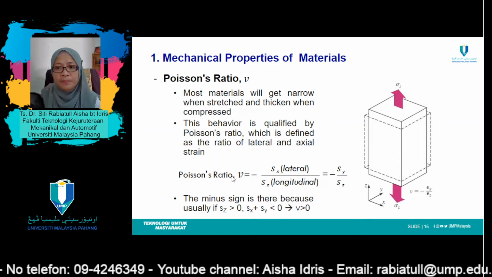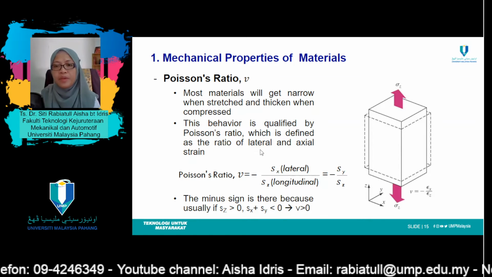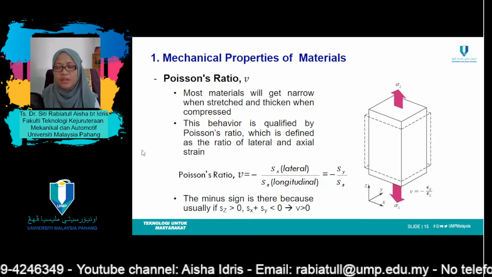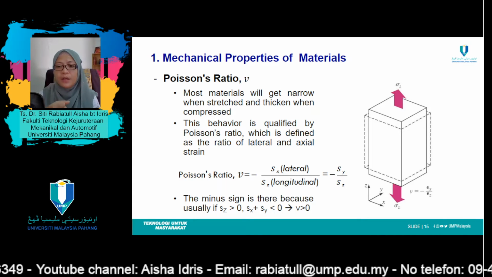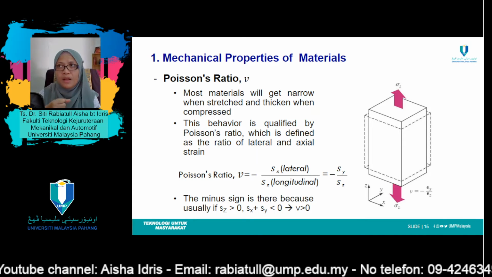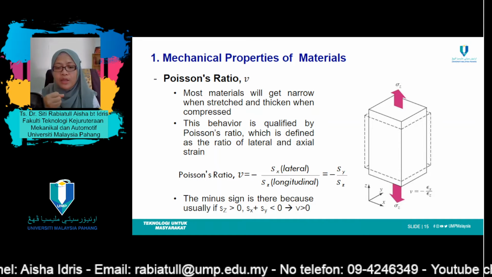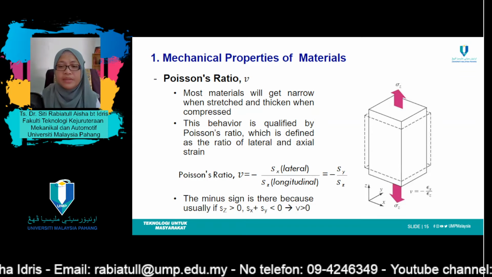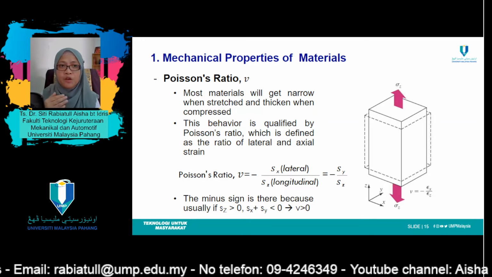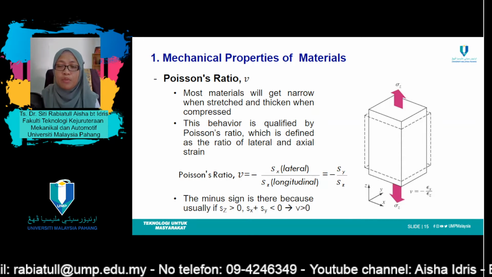If I take an example of a rubber with a cylindrical shape, and then I pull it outward, you'll see that the dimension of the cross-sectional area of that rubber will decrease.